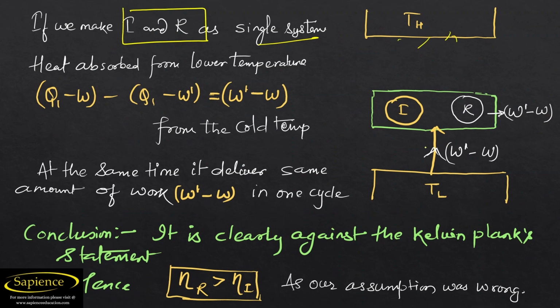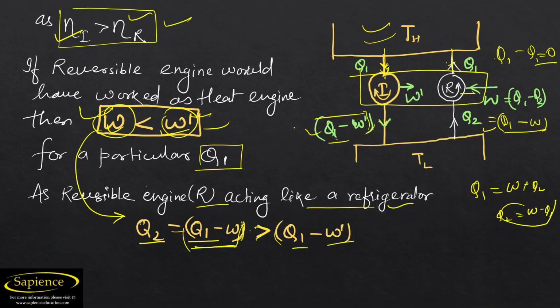Now see here, when we combine both, what will happen? Q1 minus W dash minus Q1 minus W. So Q1 will get cancelled out.